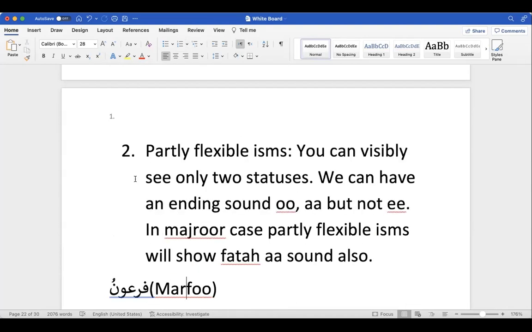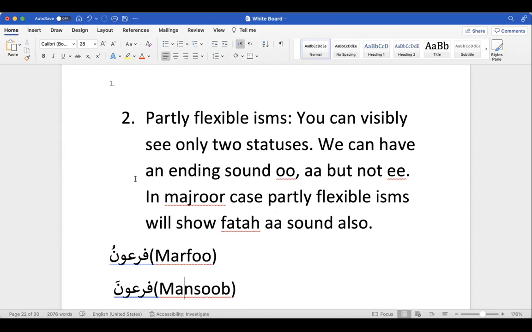Then partly flexible isms. In the partly flexible, you can only see the ending sounds in two states, marfu and mansub. But in majroor, you will not be able to see the kasra sound, the I sound. You can see the U sound when it is marfu, and the A sound when it is mansub.